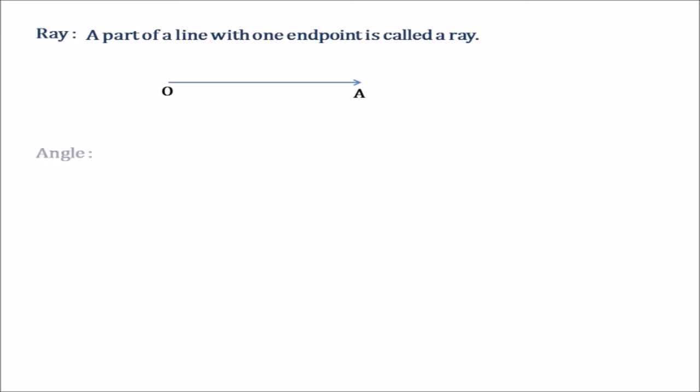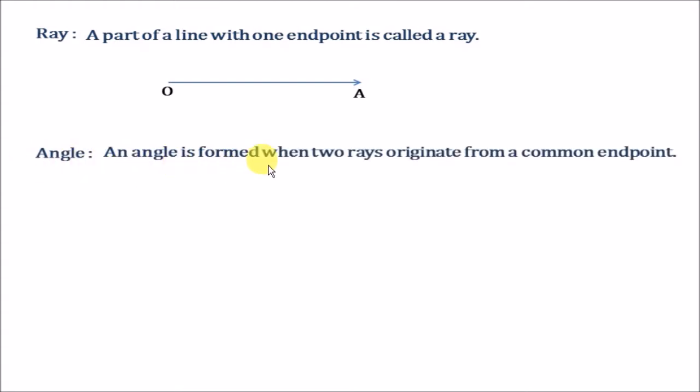Next, we will define angle. An angle is formed when two rays originate from a common endpoint.